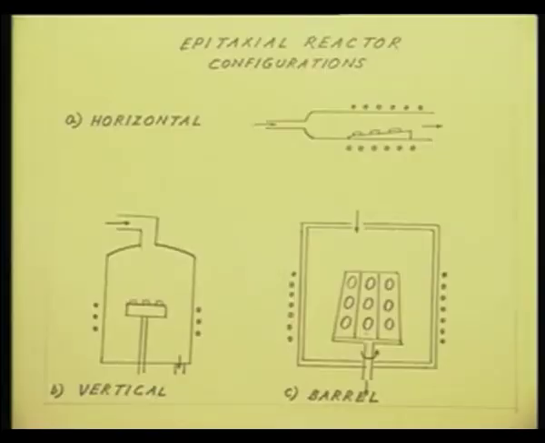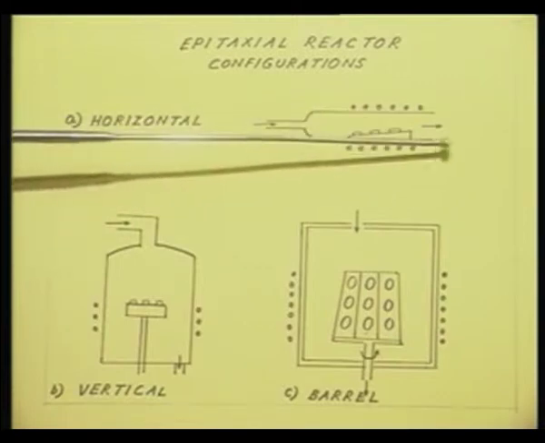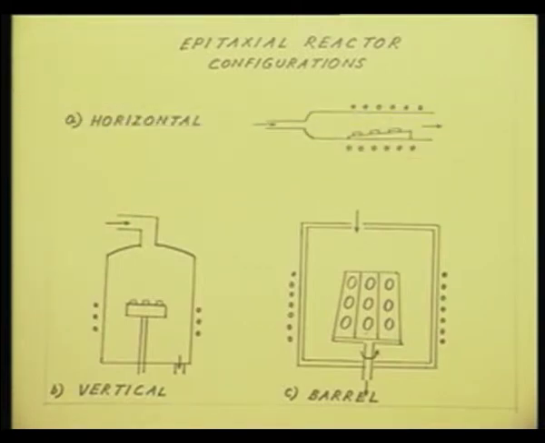So, that is why a horizontal reactor is called a horizontal reactor, because the flow of the gas is parallel to the direction of the semiconductor surface. In a vertical reactor, the flow of the gas is normal to the sample surface. See, the sample surface is here like this, and the flow of the gas is perpendicular to that, normal to the semiconductor surface.